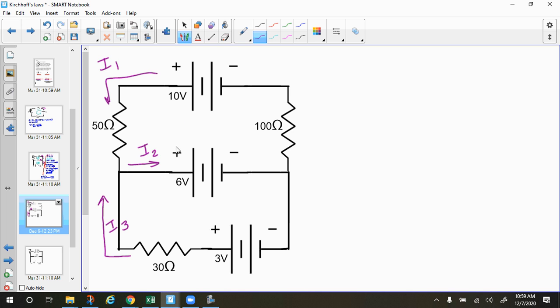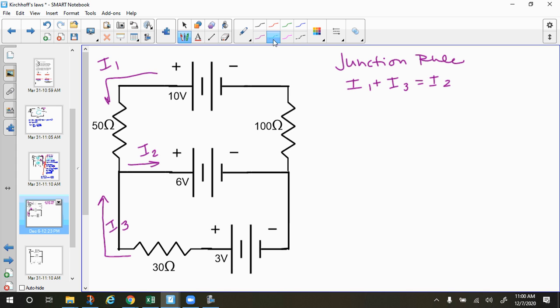All right, so we can write our junction law or rule. I don't know what we should say. Some places call it a law, some places call it a rule. We have I1 equals I2. Oops, I did that wrong. I1 plus I3 equals I2 because they come together to get I2.